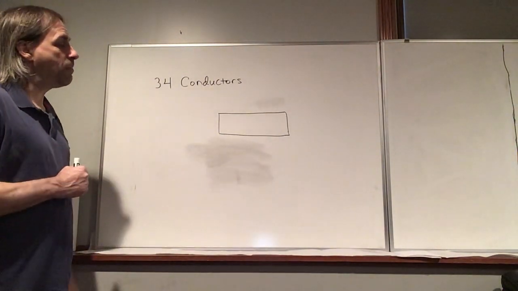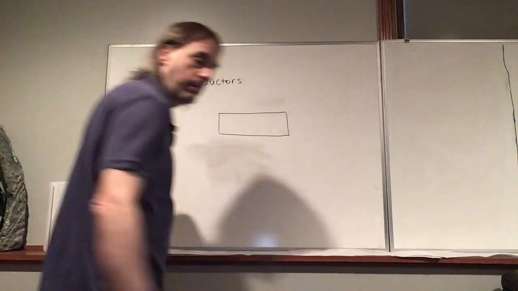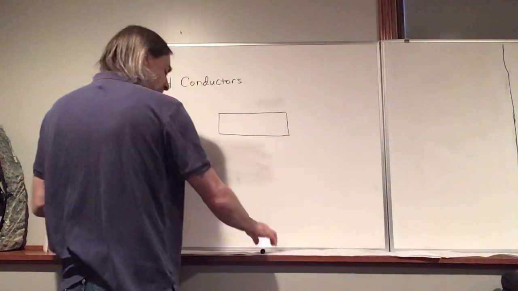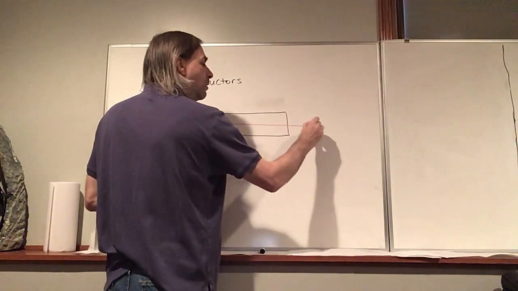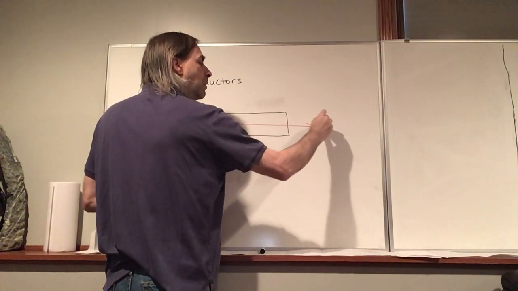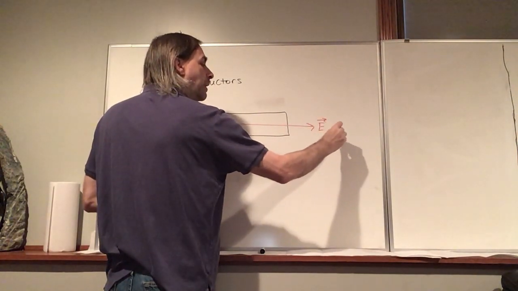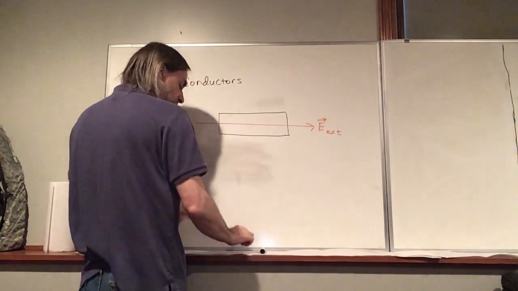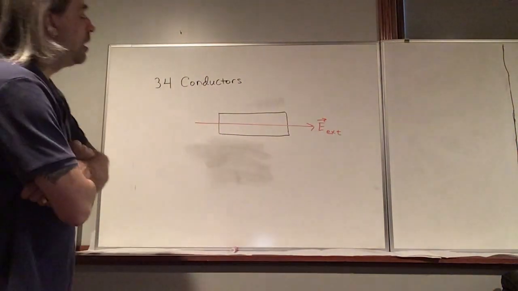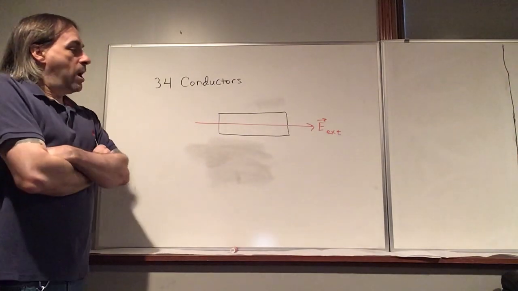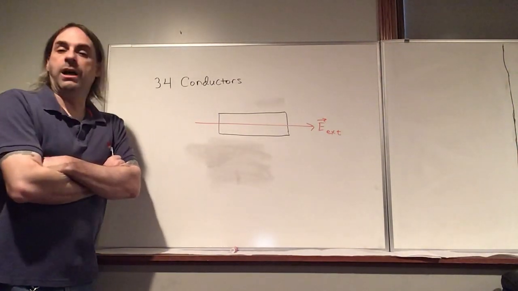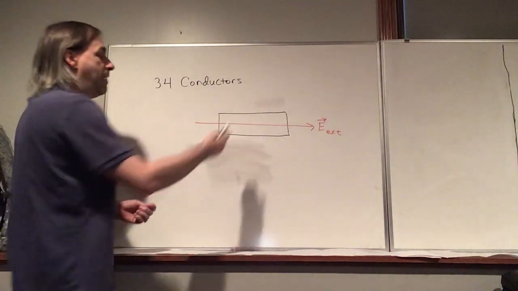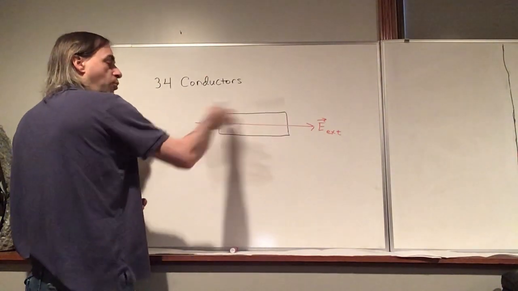Now what happens if we apply an electric field? Let's say we have an external electric field. This electric field is going to exert forces on all these electrons, so we're going to have electrons moving to the left.